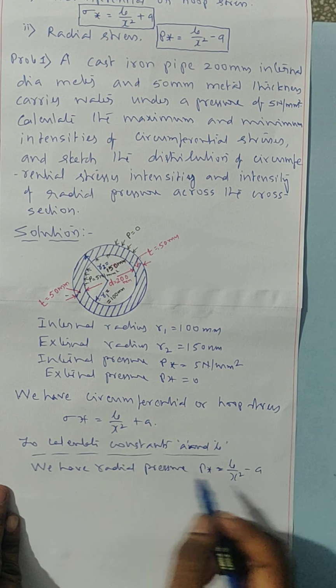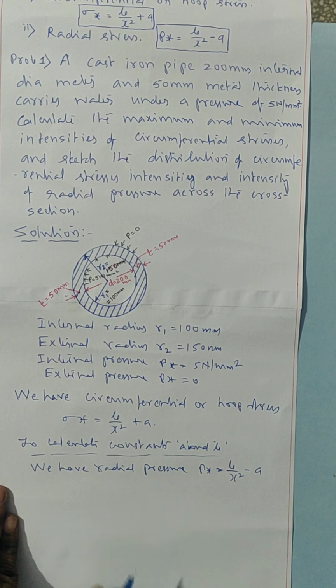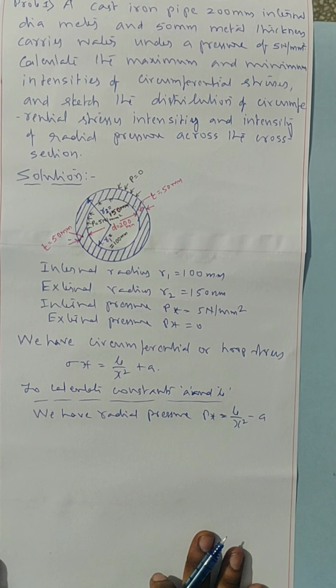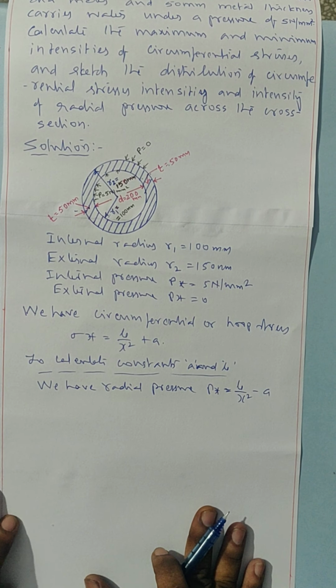If you calculate a and b, then you substitute the a and b values, and you get directly the circumferential stresses, inside and outside. Now this is the equation. Now we will calculate this.